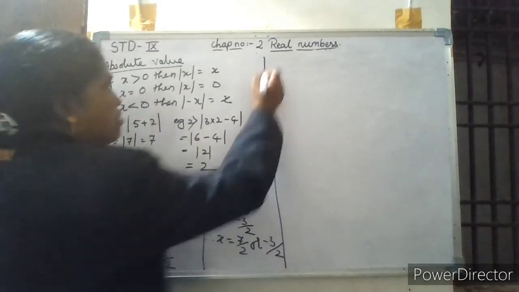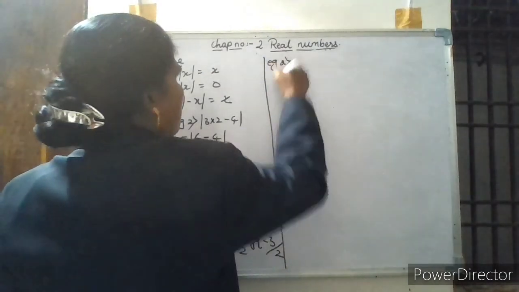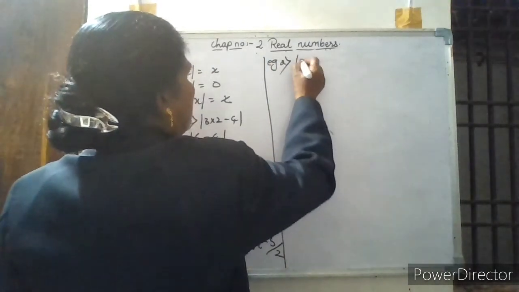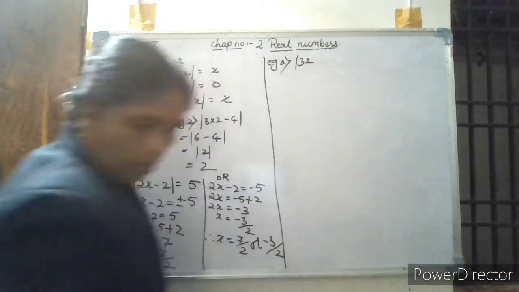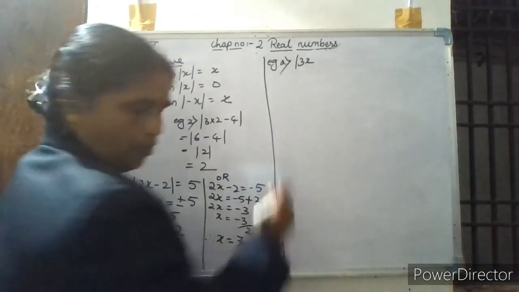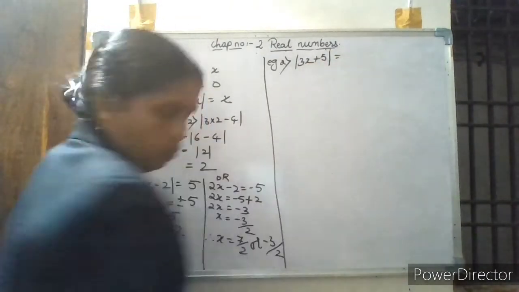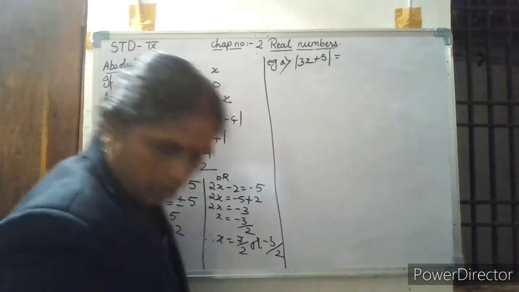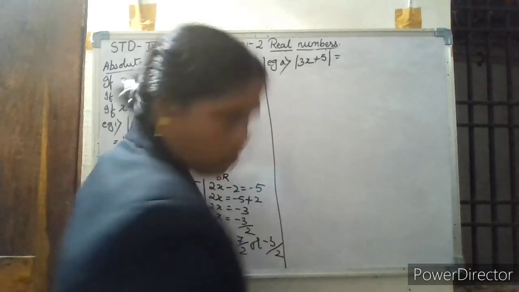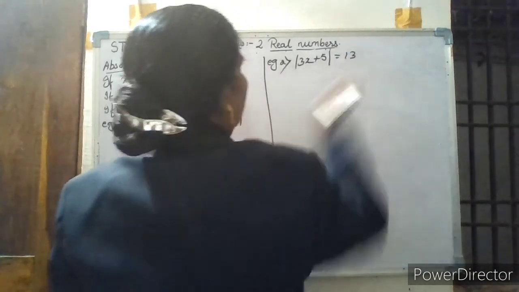Example 2. That is, suppose absolute of 3x plus 5 is equal to, given as, 13.